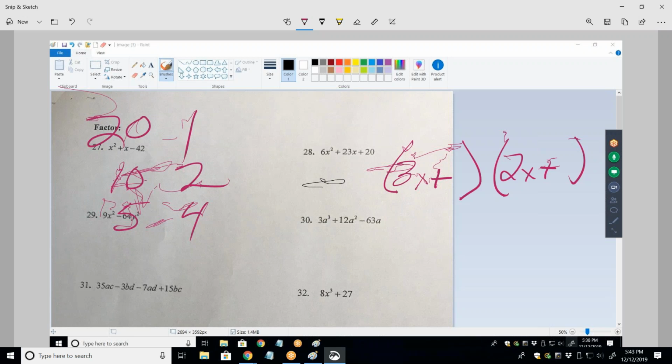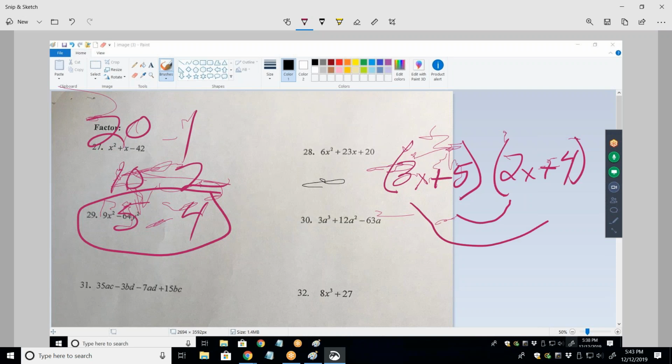Now, the other thing I always tell people is when you are doing trial and error, start with those two. So just stick 5 there and 4 there. Doesn't matter how you pick them. Now, the important thing here is, again, we're trying to create the middle term.